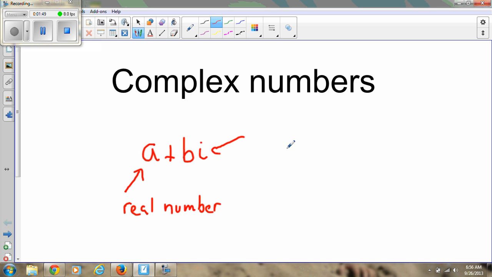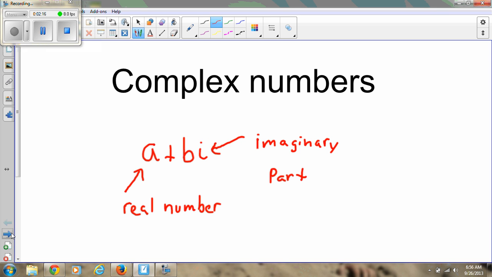The bi is called the imaginary part. So a complex number has a real part and an imaginary part. Notice that in the form of a complex number, the real part always comes first, followed by the imaginary part.